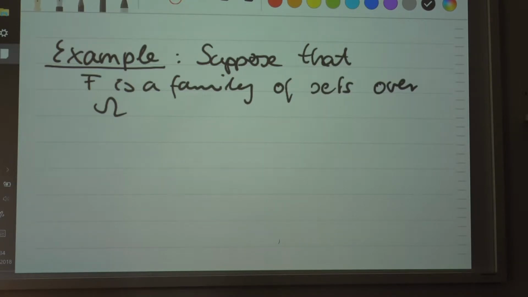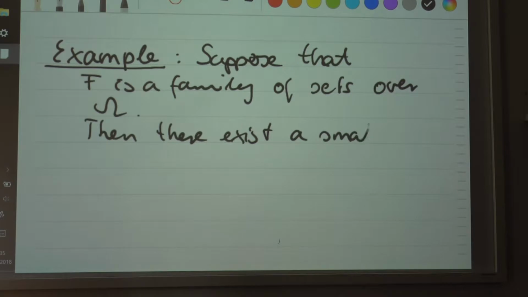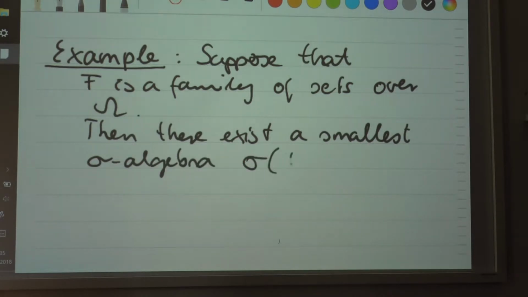Not necessarily a sigma-algebra, but then there exists the smallest sigma-algebra, and I call it sigma of F, and this is the sigma-algebra generated by the family F.